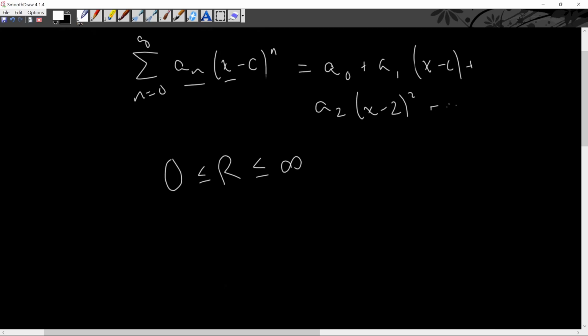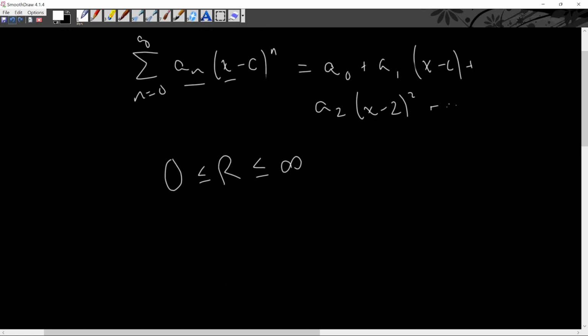If you think about this as a geometric series, perhaps it won't always be a geometric series, but if you thought of it that way, then if the absolute value of x minus c was less than 1, that would be a valid radius, right? You have a set of potential values that x can equal, and that's the radius of values that x can equal for the series to converge, right?